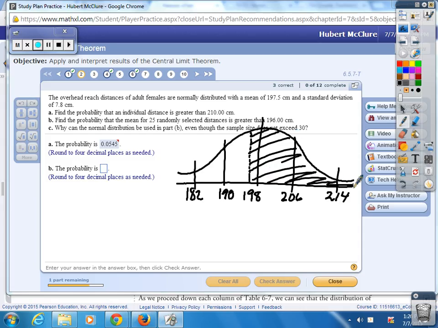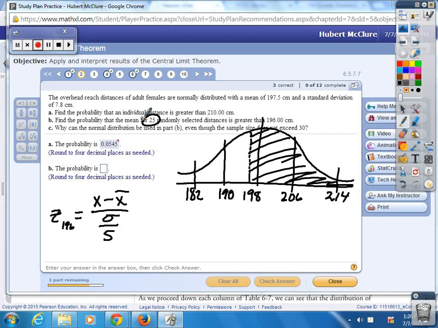So that's going to be Z at 196, which is equal to X minus X bar over the standard deviation divided by 5, which is the square root of 25. Y'all might need to check that in your calculator.